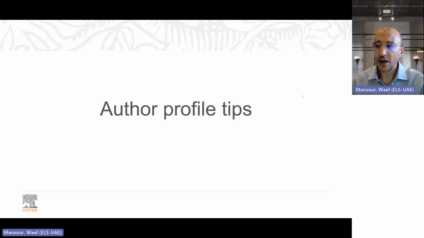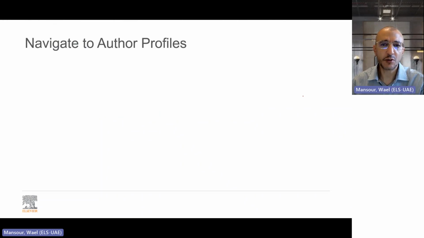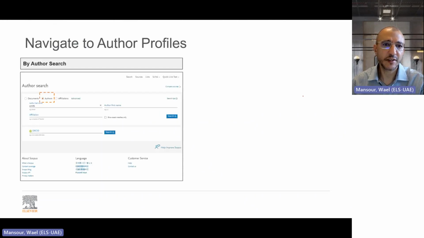Okay, how can we, as authors, make sure that our profiles are actually 100% correct? First of all, how to reach your profile from the author. I'll try to show you this quickly also from Scopus live. But from the search screen, you have different types of searches. One of them is an author search.